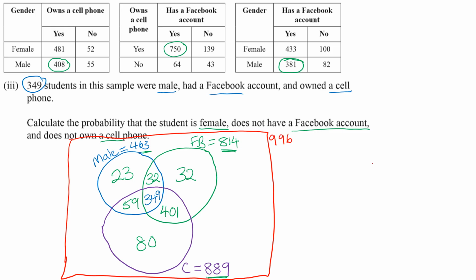So if we add up all of the numbers of people that we've got in our Venn diagram so far and take it away from 996, we'll be left with 20 people that aren't in any of those groups. So for female, does not have Facebook and doesn't have cell phone, that's going to be all the people that don't fit in that group. So the chance of picking that person is 20 out of 996 is the probability that we're looking for.